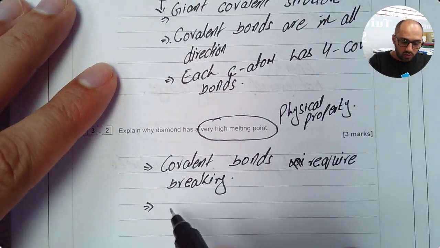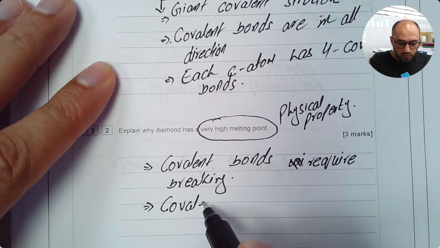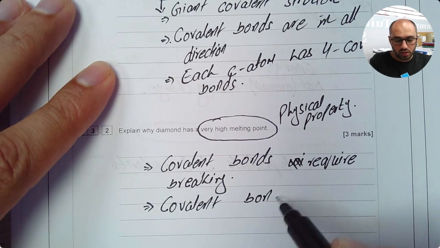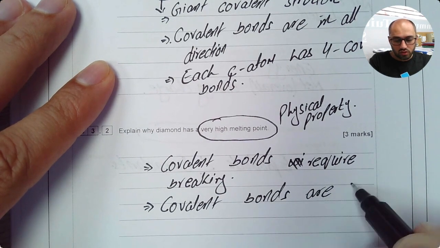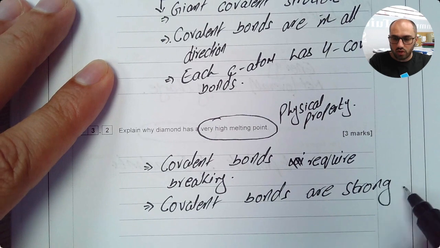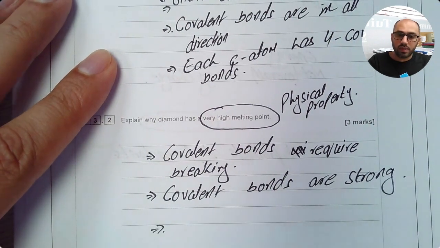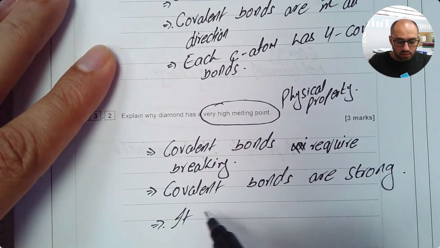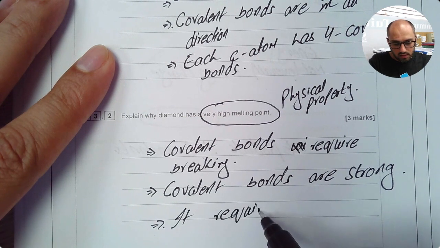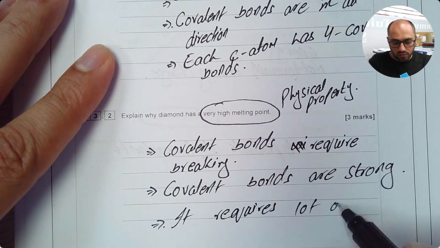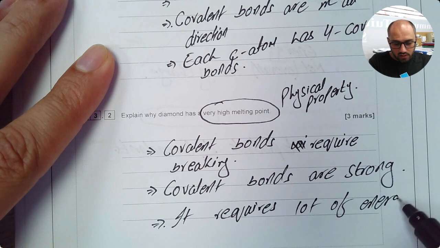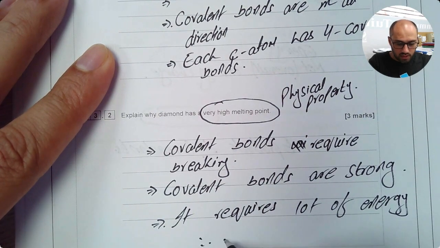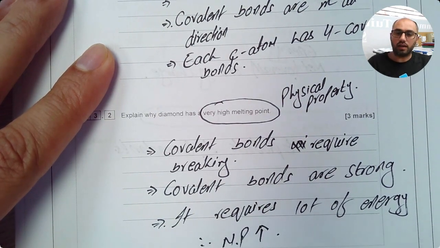Number 2, I know covalent bonds are strong. If they are strong, this means it requires a lot of energy. Therefore, melting point is high.